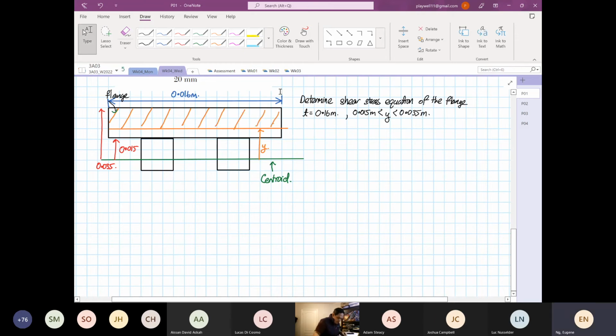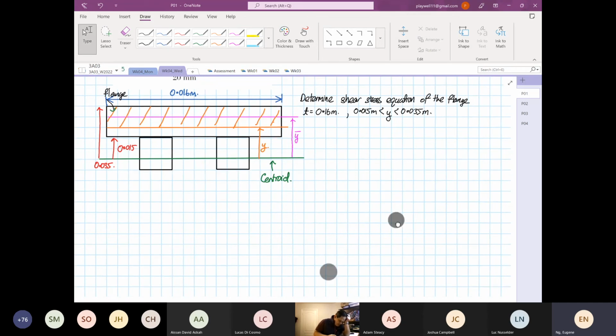And then we want to determine our y bar. So this distance is our y bar. Like anything else with the first moment of area, there is always complicating things now.